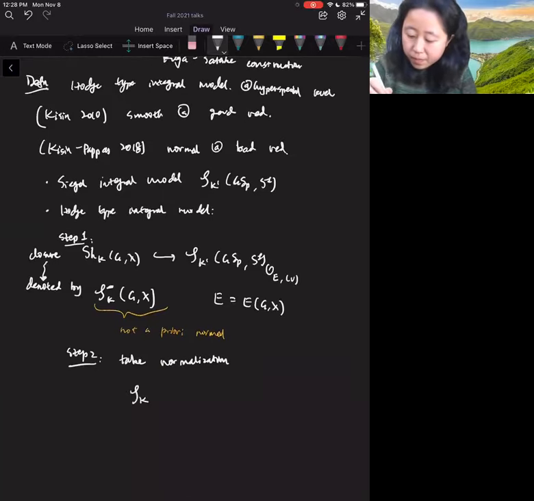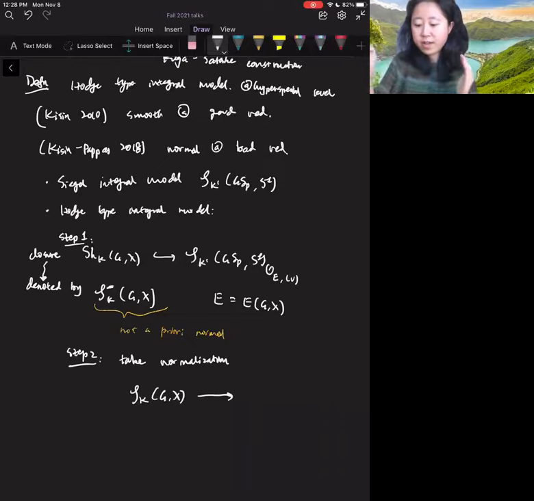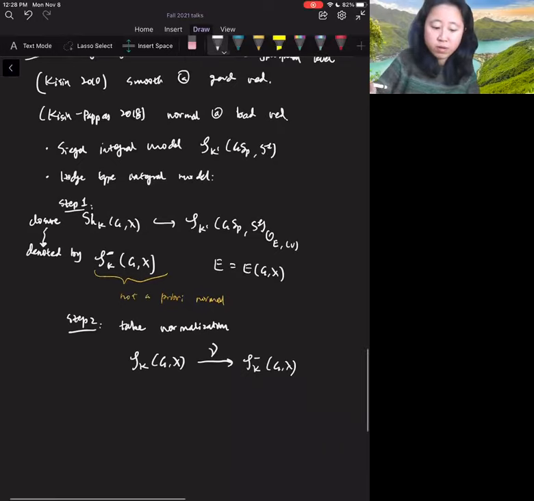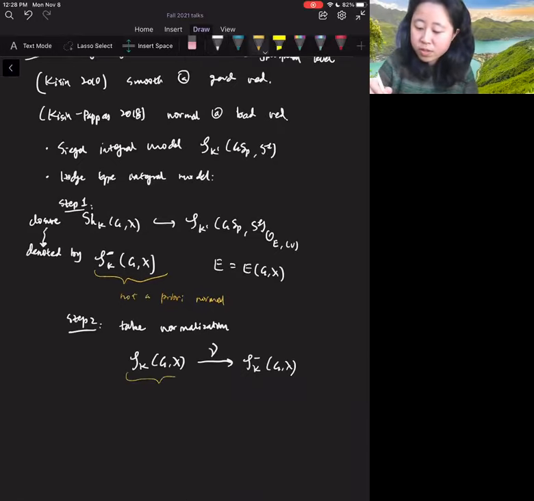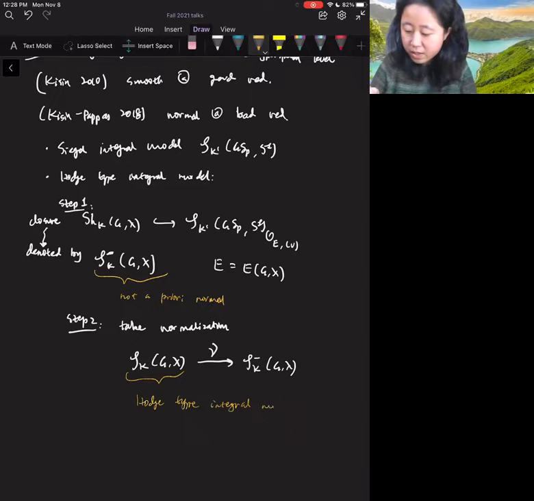And we denote this normalization by this fancy font S of G, X at level K, without the bar notation. And the normalization map, let's denote it by nu. And this normalization is what we call the Hodge-type integral model, or integral model for the Hodge-type Shimura variety.